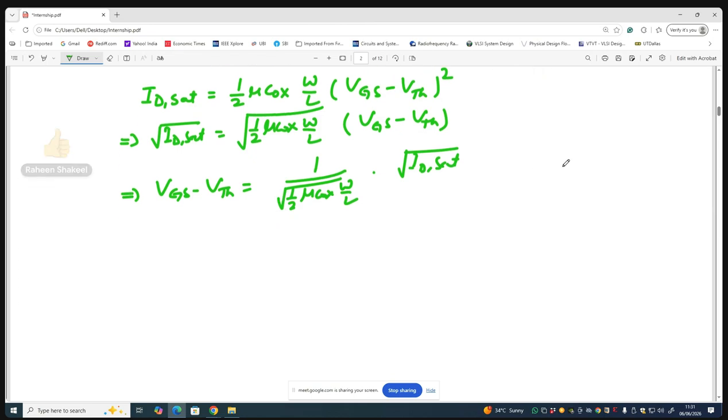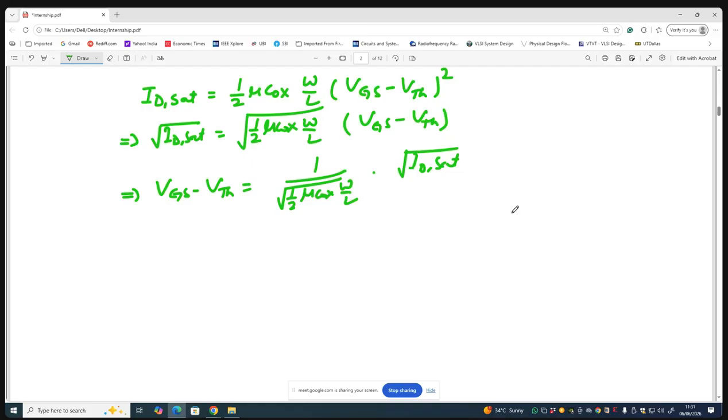Writing this saturation current equation like this, if you are wondering why I have not used that 1 plus lambda VDS term, that term has been dropped as an approximation to simplify the calculation.